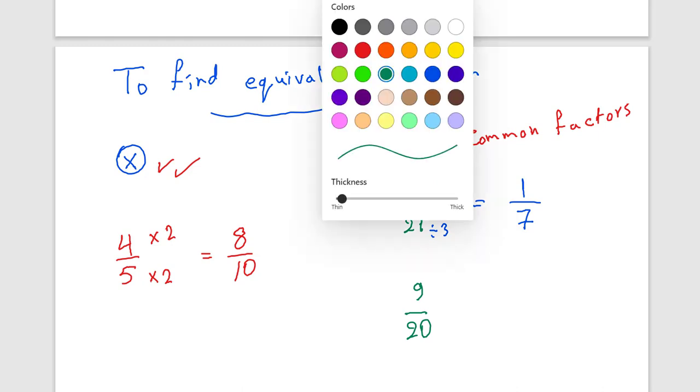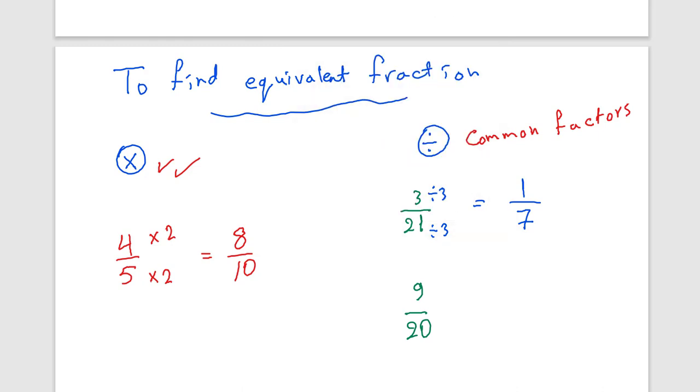9/20. In this case, my heroes, we don't have any common factors, since we can divide 9 only by, for example, 3 or 9, and we cannot divide by any other. And 20 we can divide by 2, 4, 5, or 10. So we don't have common factors.